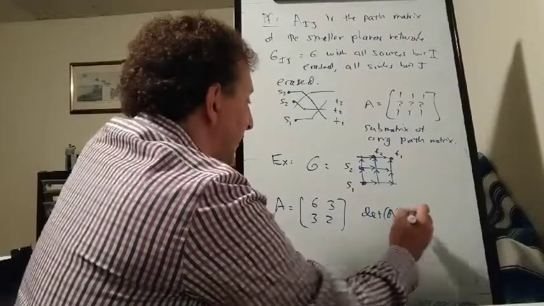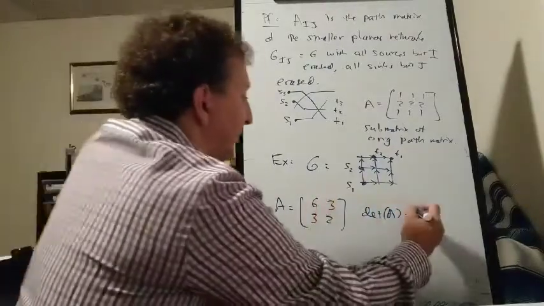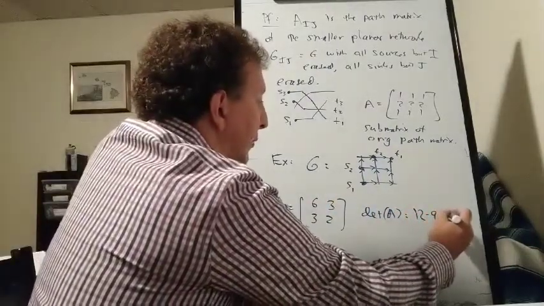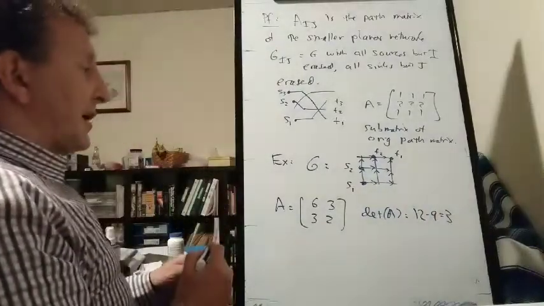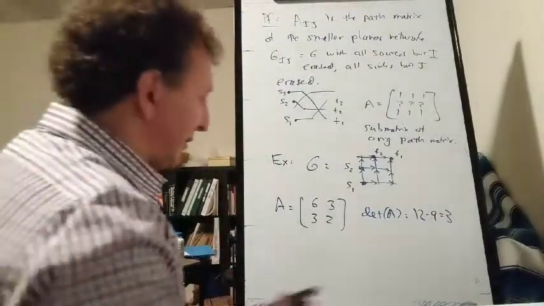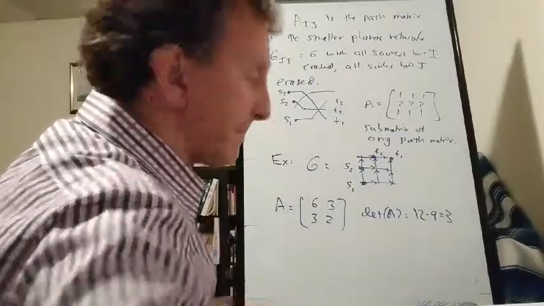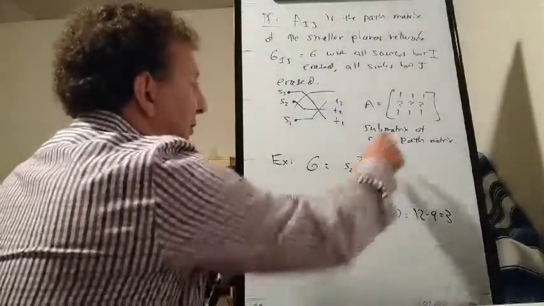Now the determinant of A equals 12 minus 9, which is 3. So we should be able to find 3 families of non-intersecting paths that go from sources 1 and 2 to sinks 1 and 2.